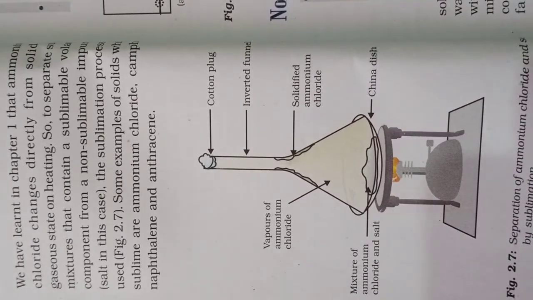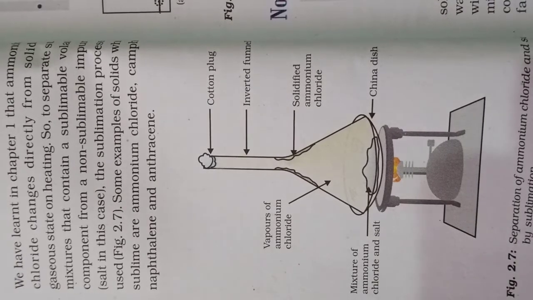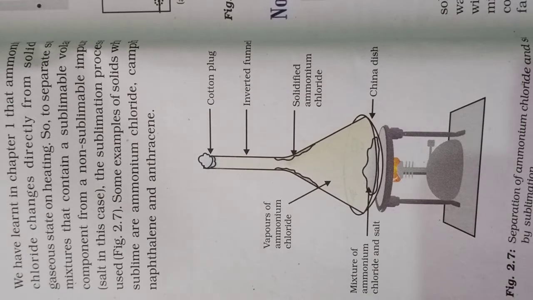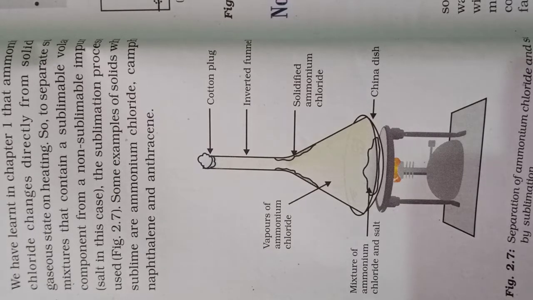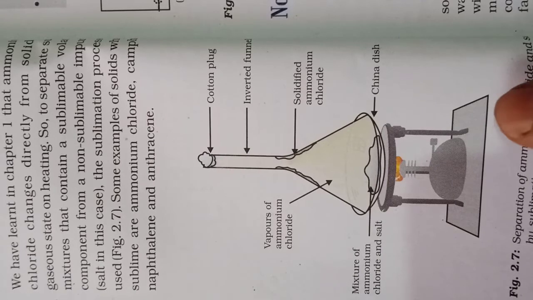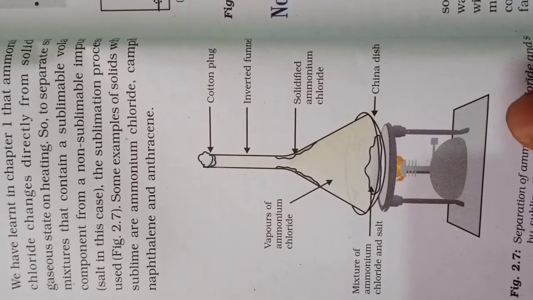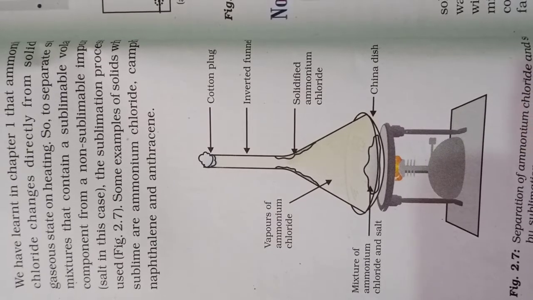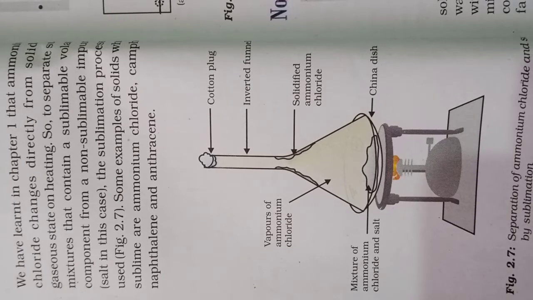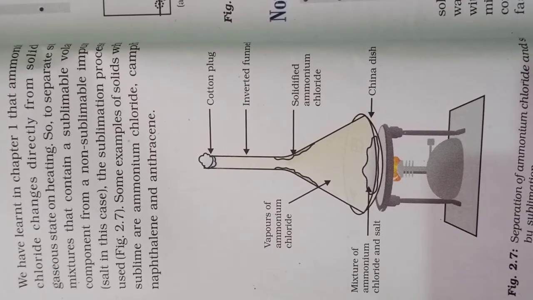So like this, we can separate a mixture of volatile and non-volatile substances. The non-volatile substance you will get as a residue in the vessel, whereas the volatile substance you will get as a sublimate on the conical flask. So this is the technique of sublimation.